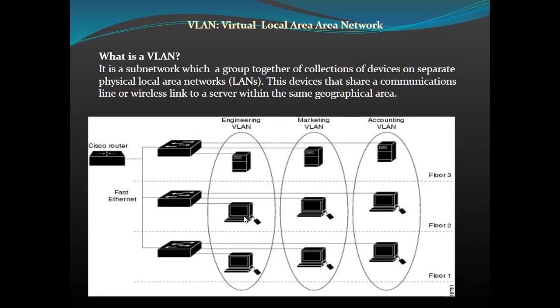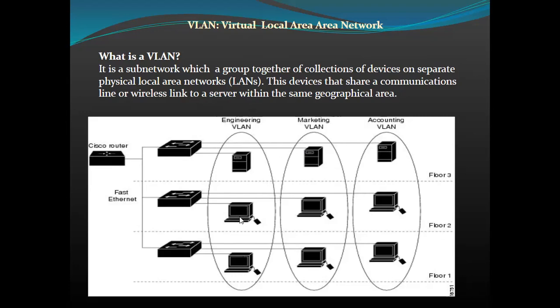So it is clustered in one building, but at the same time, it's on different floors. The devices share a communication line or wireless link to a server within the same geographical area.